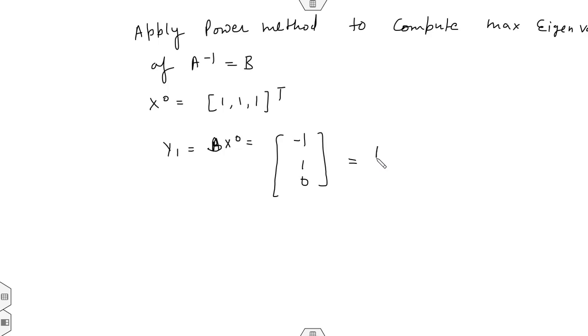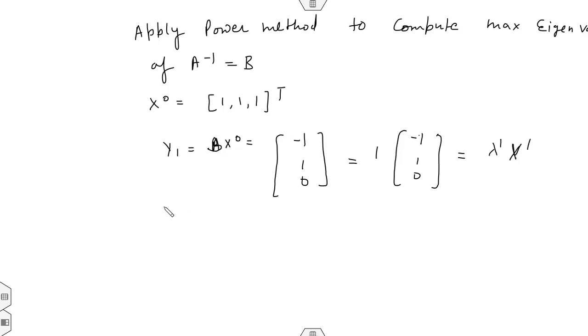The maximum value in this vector y1 is 1, so we can write it as 1 times -1 1 0. This is lambda 1, the first approximation to the eigenvalue, and vector x1.